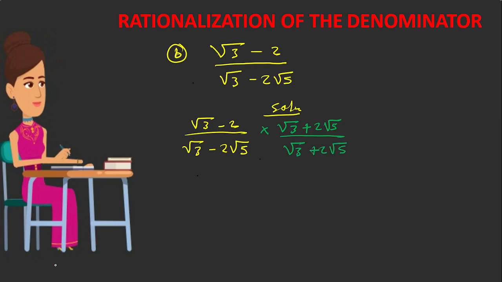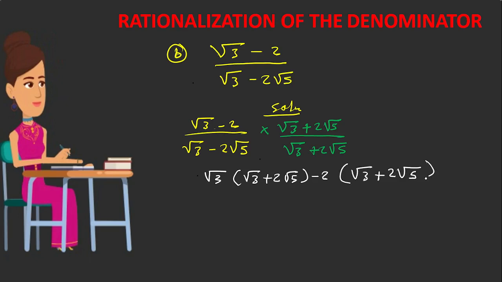After you do that, your next target is to simply multiply what is on top with what is on top, and what is down with what is down. So what is on top, this times that, will simply be square root 3 open bracket square root 3 plus 2 square root 5, and then minus 2, open bracket square root 3 plus 2 square root 5 close bracket.